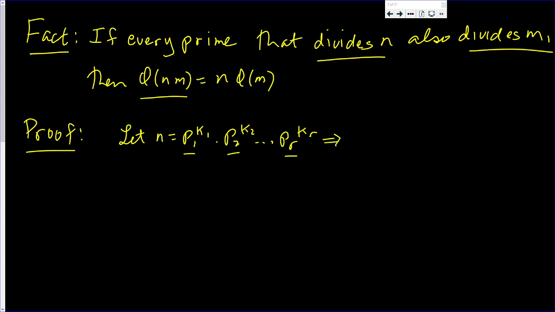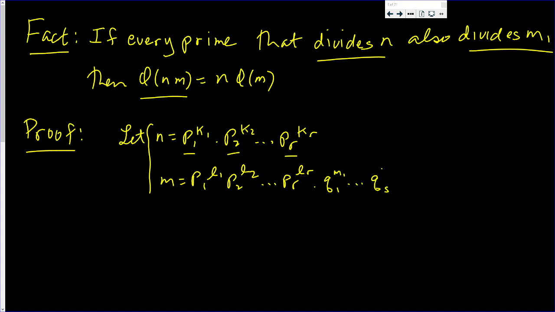And m is equal to p1 to the l1 times p2 to the l2 all the way up to pr to the lr, and there's no reason why you can't have other primes, q1 to the m1 up to qs to the m sub s.